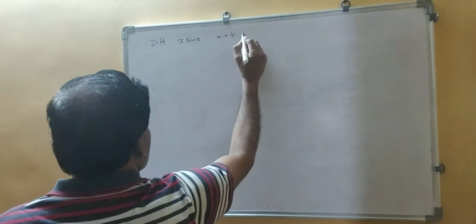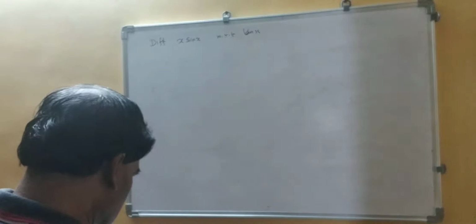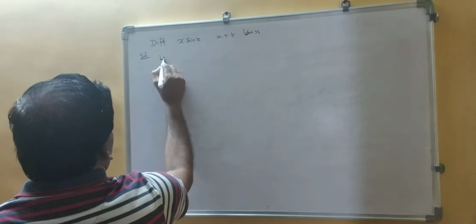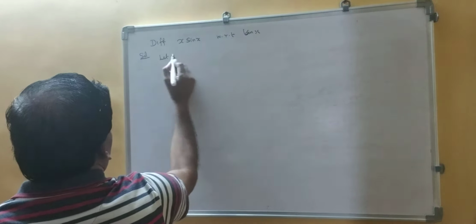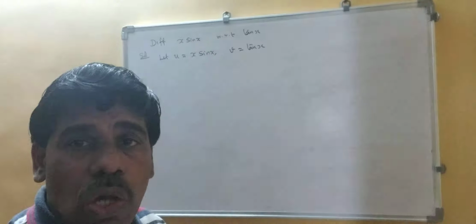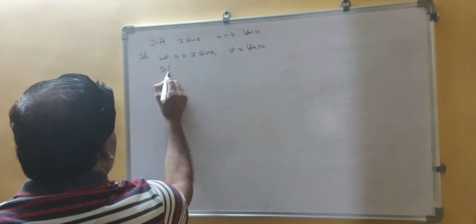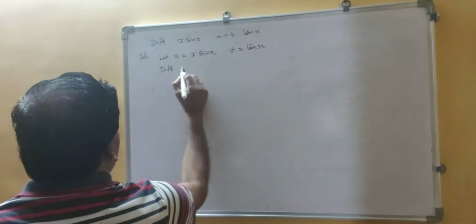Now listen, two functions are given. So let us take the first one as u. Let u equal to x sin x and v equal to tan x. That means we are differentiating u and v, both functions of x, with respect to x. Here u equal to x sin x.